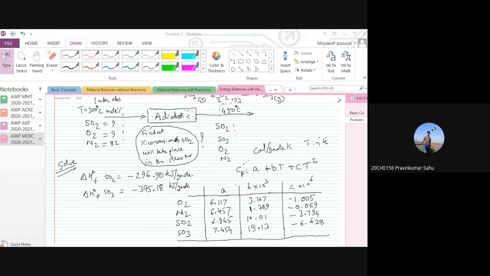Sir, and heat of formations are given at 25 degrees Celsius, right? Standard heats of formation. This zero indicates standard heats of formation. Standard heats. And F indicates formation.